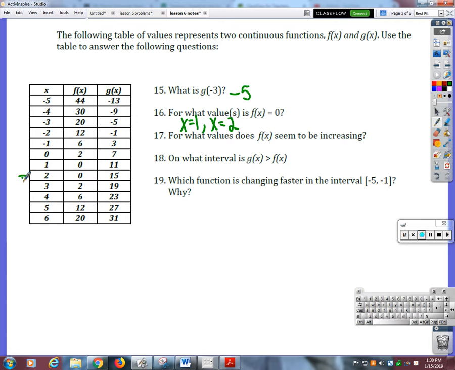From 2 to 6. Yeah. No, you're looking at g. They're asking about f. This is when the leveling off happens, yeah. So for what values does f of x seem to be increasing? From 2 to 6.